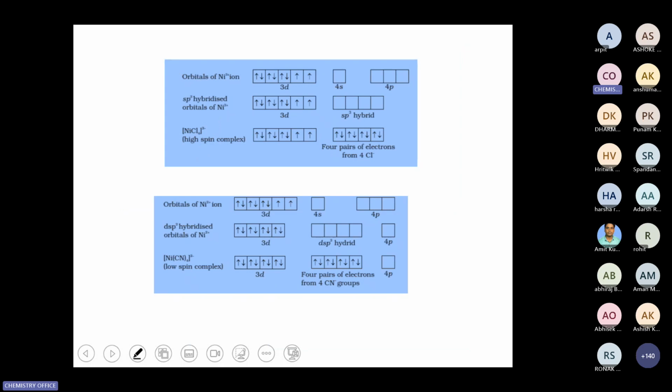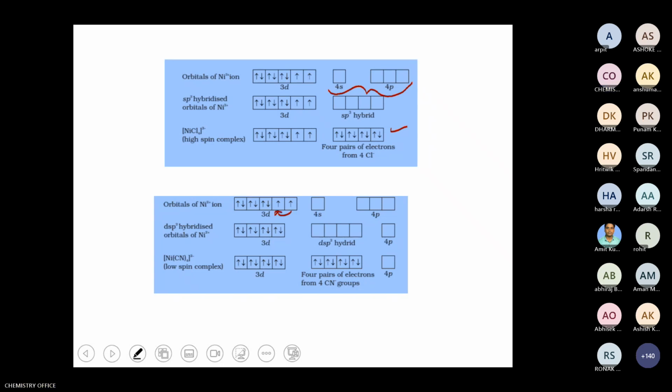Here, the examples are NiCl4 2- and Ni(CN)4 2-. In NiCl4 2-, chloride is again a weak field ligand and it cannot pair up the electrons in the 3d orbital, so it leaves them as sp3 hybridization, forming 4 pairs of electrons from 4 chloride ions. But in Ni(CN)4 2-, cyanide is a strong field ligand which can pair up the electrons like this.